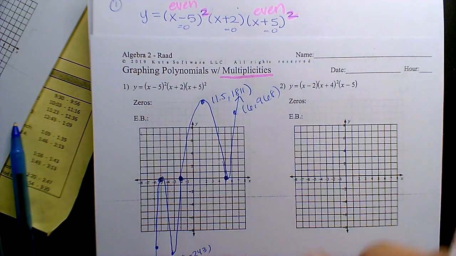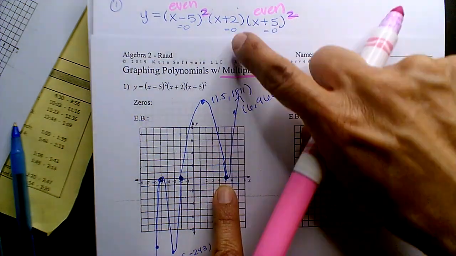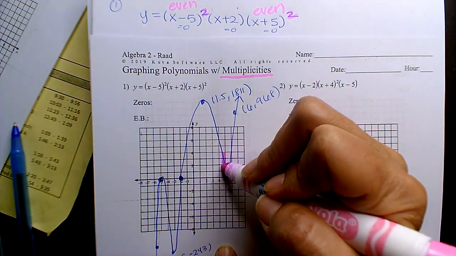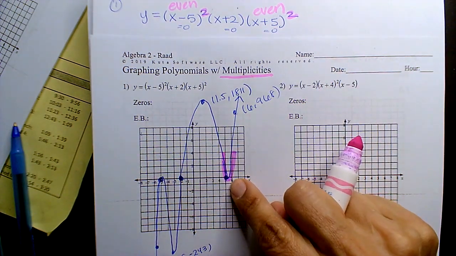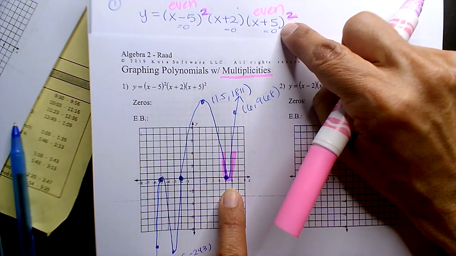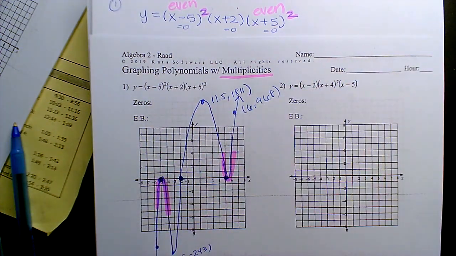Multiplicity means if that root, 5, that's where it came from, has an even exponent, you get a parabola bounce off the x-intercept, or the zero, the solution. So see here, this was -5. See how you got that quadratic bounce off.